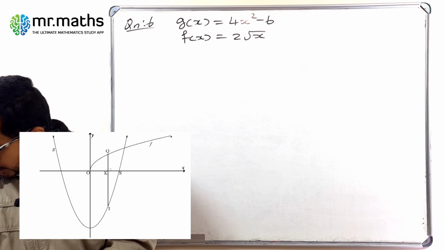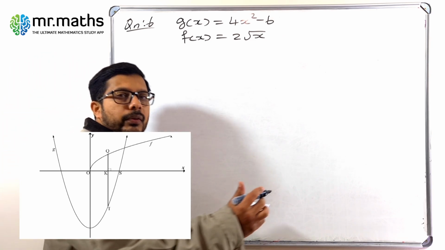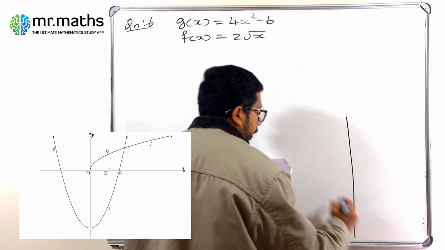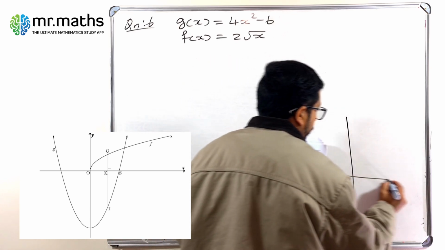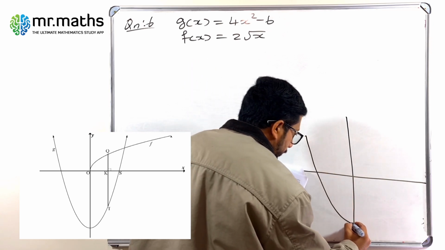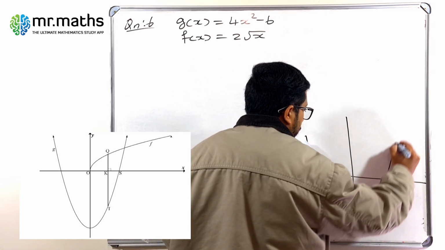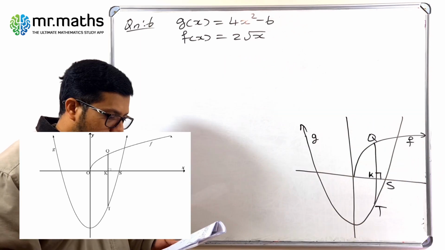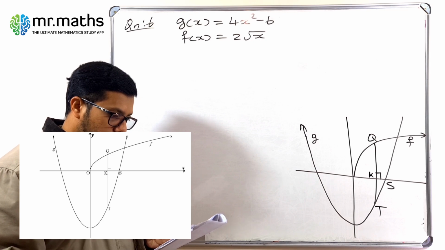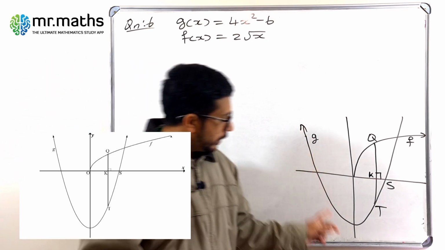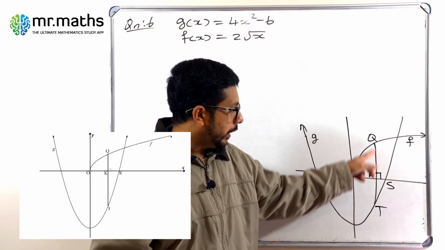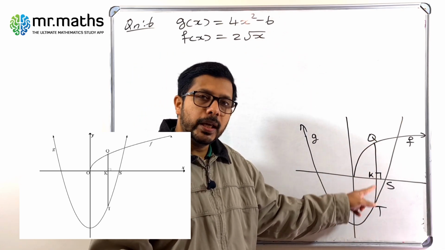Okay, so first let me draw that graph, then I will explain that. Okay, so here there is a graph given like this, this is the given graph. Now, based on that, here you can see that there is a parabola and there is another graph f of x, 2 root x, and there is a straight line QKT.